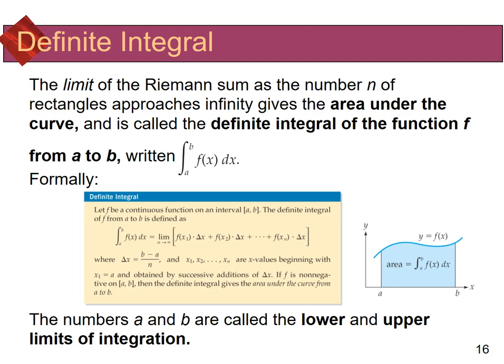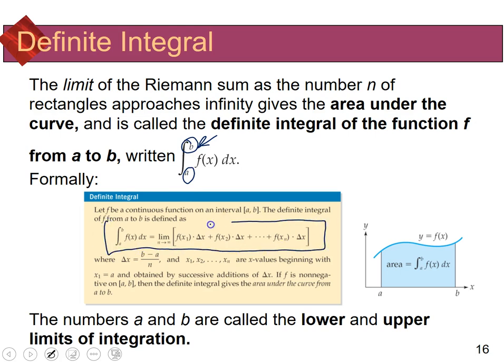So you're going to see this notation here, where I have a lower number and an upper number. We're going to see how we're going to handle that. But essentially, that integral is the limit as n approaches infinity, where n is the number of rectangles you have underneath the curve, for each one of these function values times what they call delta x.